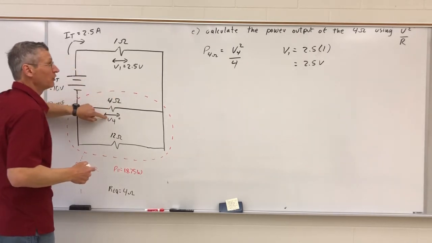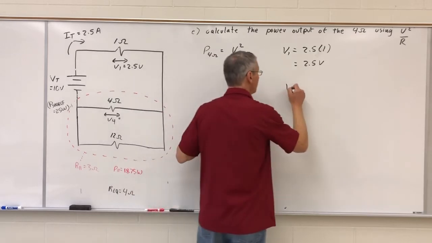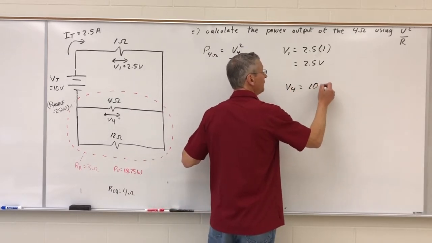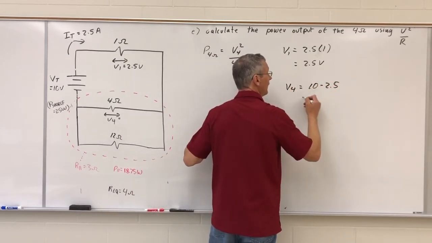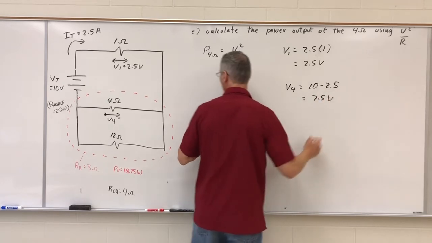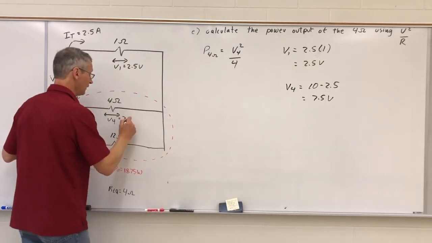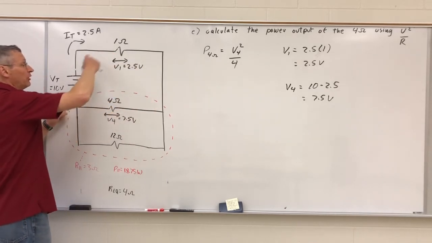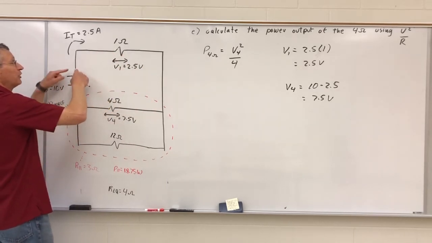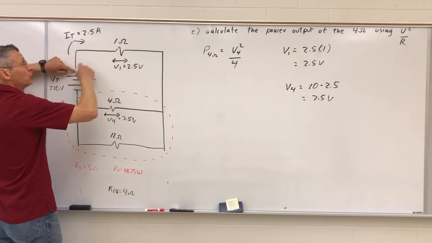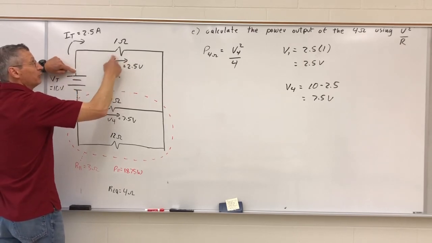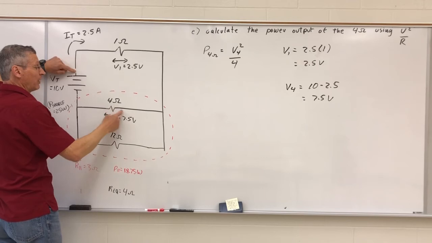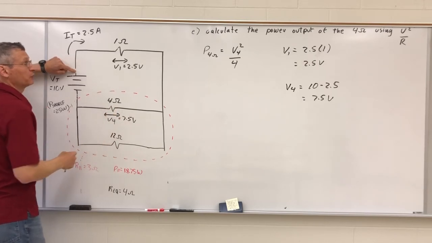So this voltage right here is going to be the difference between 10 and 2.5, 7.5 volts. Everybody agree with that? If you gain 10 volts here, that means you got to lose 10 in total: 2.5 through this resistor and 7.5 through this resistor.